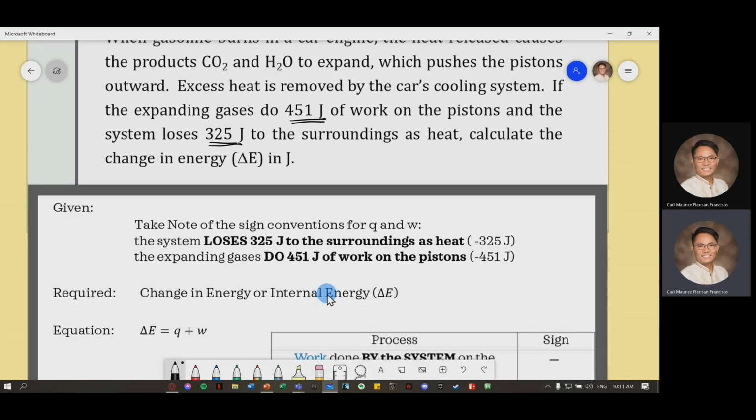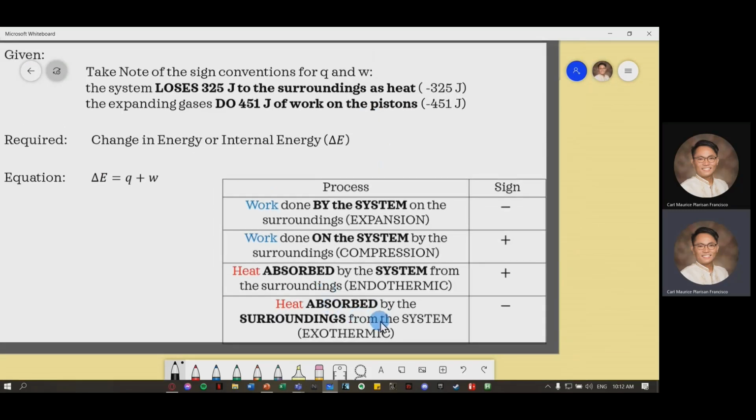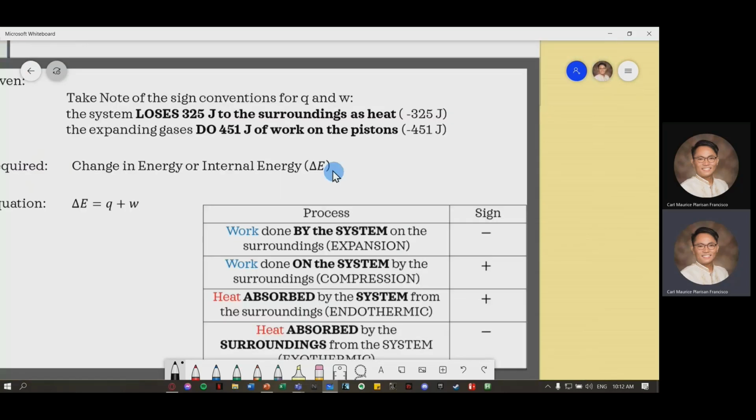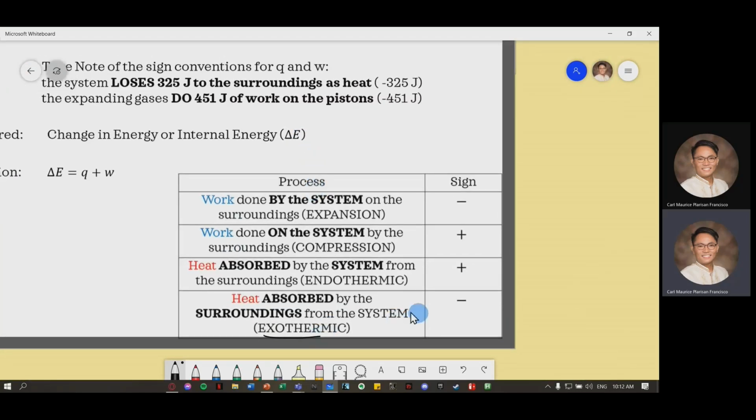According to the problem, the system loses 325 joules of heat. Nag-release, exothermic. Ang system po ay nawalan, nag-lose. Now, if the system lost heat, exothermic, instead of having it as 325, according to the sign convention, exothermic, heat will be negative. So negative 325 ang ating gagamitin.